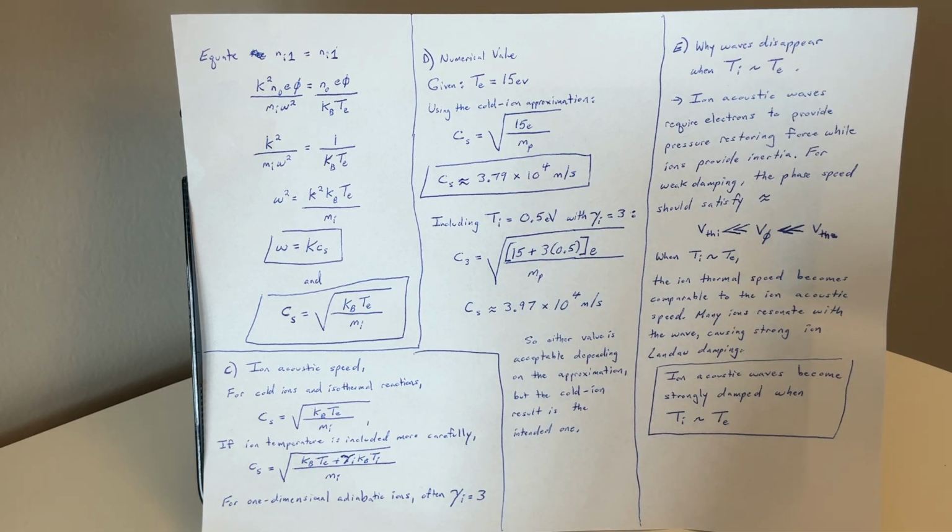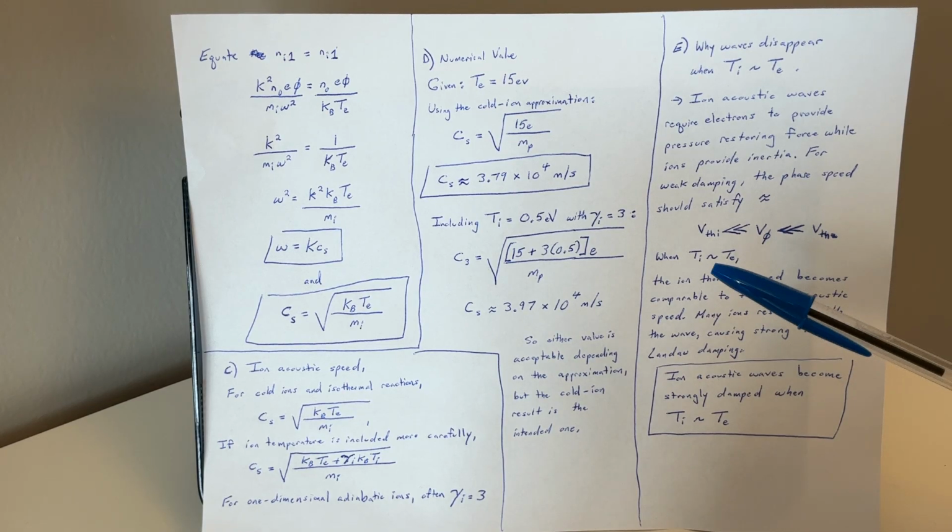So, ion acoustic waves require electrons to provide pressure, restoring force, while ions provide inertia. So for weak damping, the phase speed should satisfy approximately this: V sub Thi is much less than V sub phi, which is much less than V sub The.